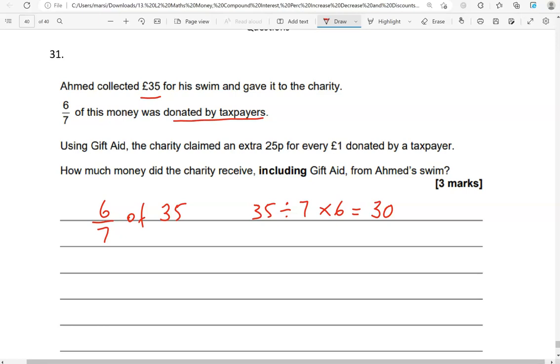So using gift aid, the charity claimed an extra 25p for every £1 donated. So that is £30 donated. So we're going to do 0.25, which is 25p using pound notation, multiplied by 30.